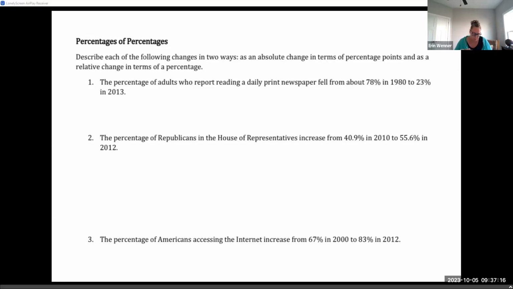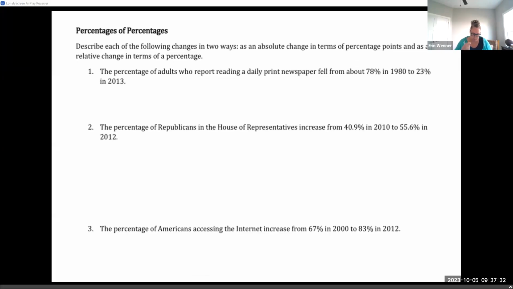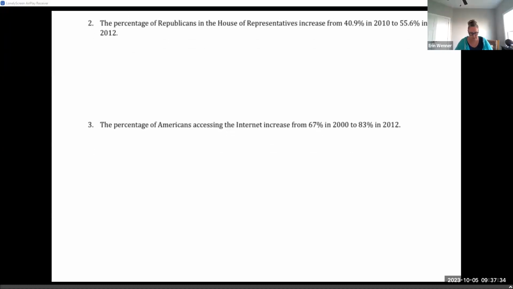So we're going to describe each of the following changes in two ways. An absolute change in terms of percentage points, and then a relative change in terms of the percentage. I'm just going to do number 3 because it has the most space.